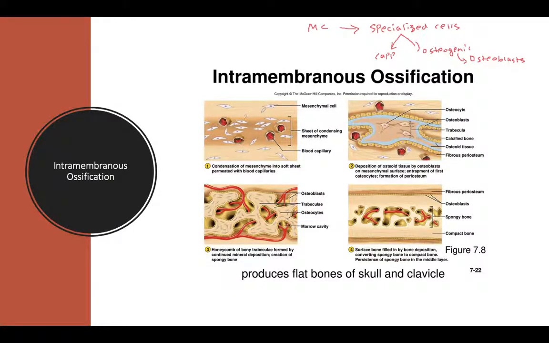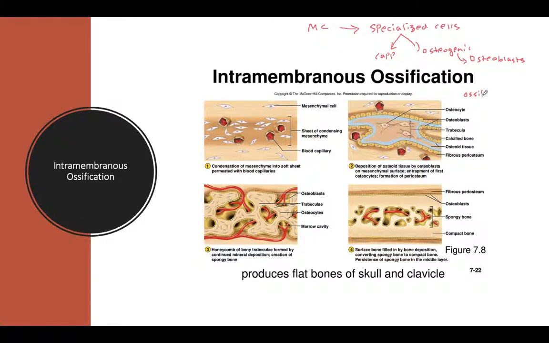Okay, mesenchymal cells are going to give rise to these capillaries and these osteogenic cells, which are pretty much osteoblasts if they are immature, right? Now we're going to form a structure called the ossification center.